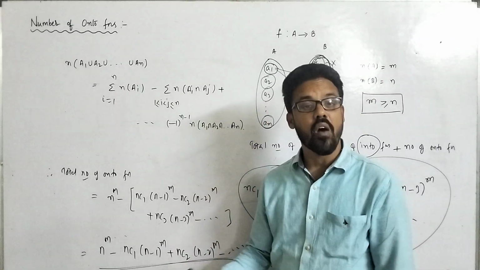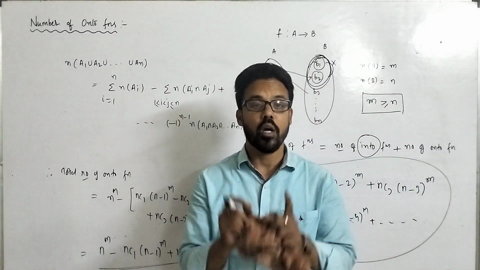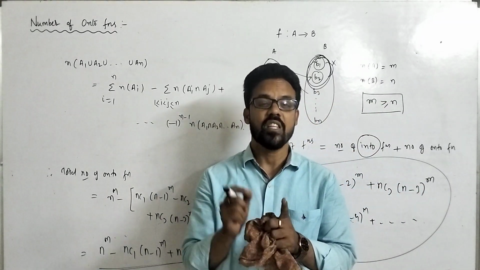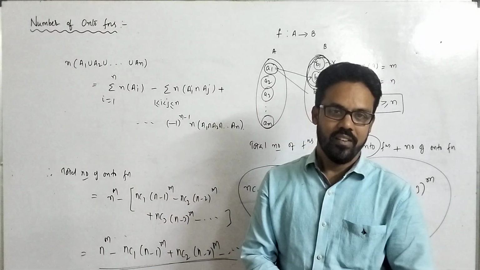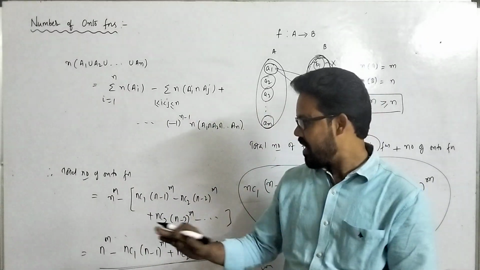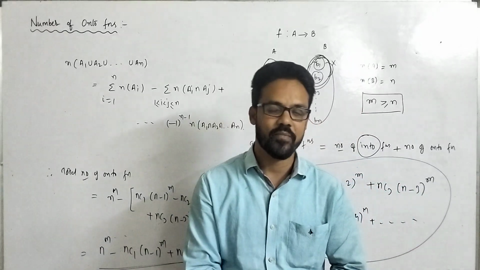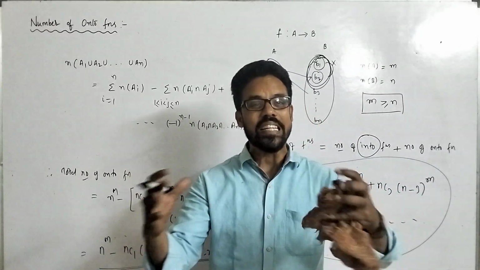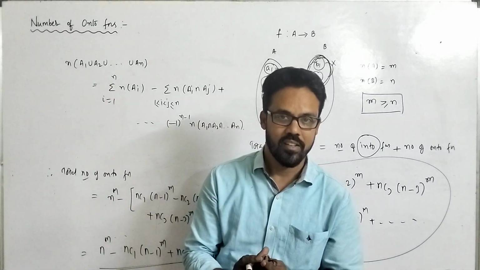And this number of onto functions plays a vital role in doing problems from the chapter permutations and combinations. It again plays an important role for IIT JEE Mains and Advanced, as easy or interlinked questions on functions along with permutations and combinations.